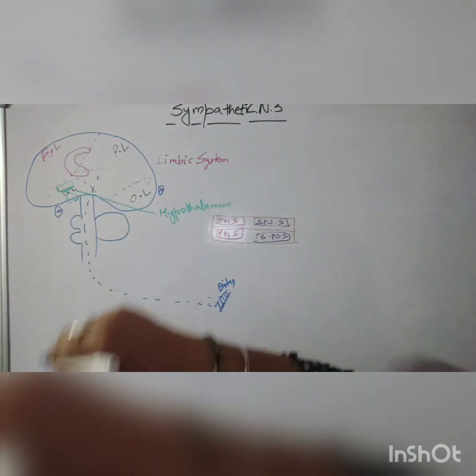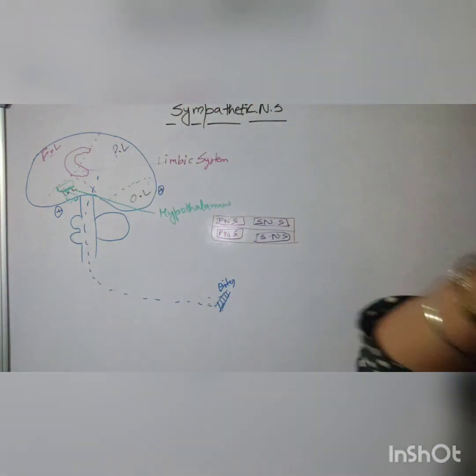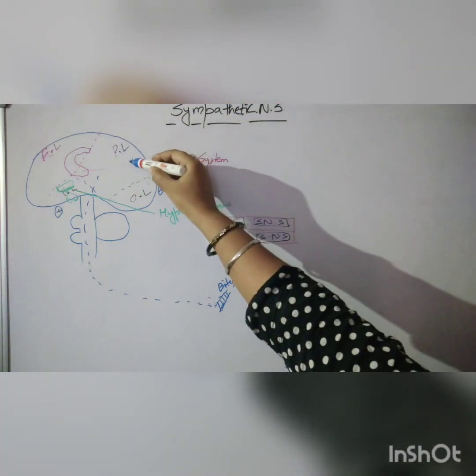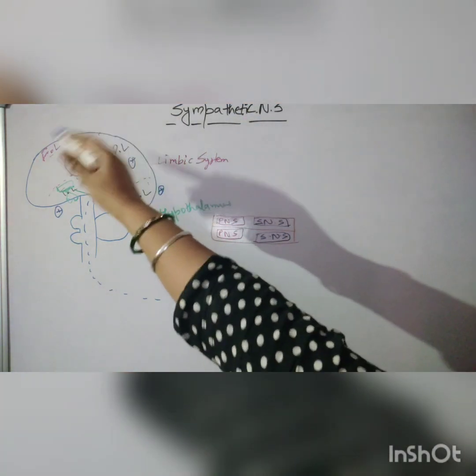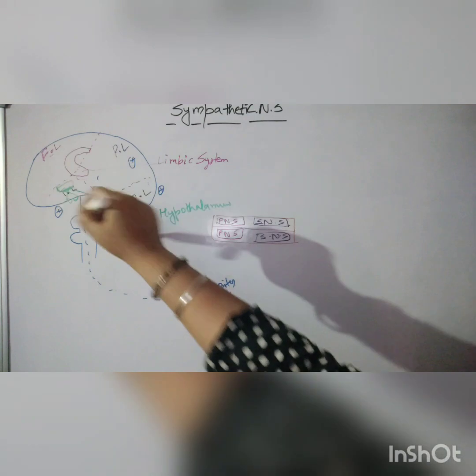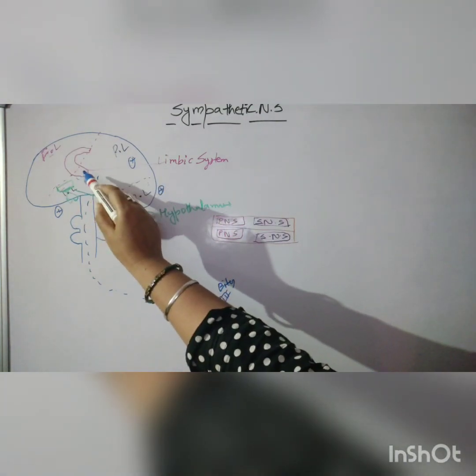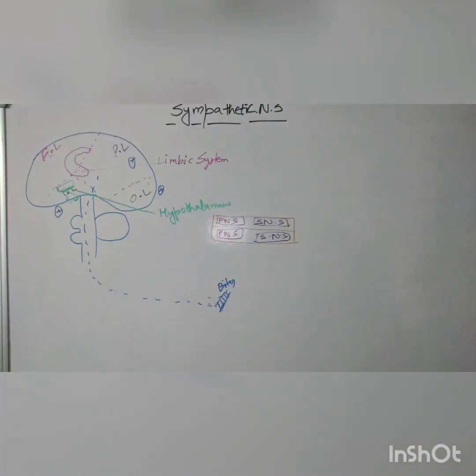Now this part is also activated. All of this will activate the limbic system. The limbic system is the center for good feelings, bad feelings, fear, everything. Whatever we are feeling is because of the limbic system.